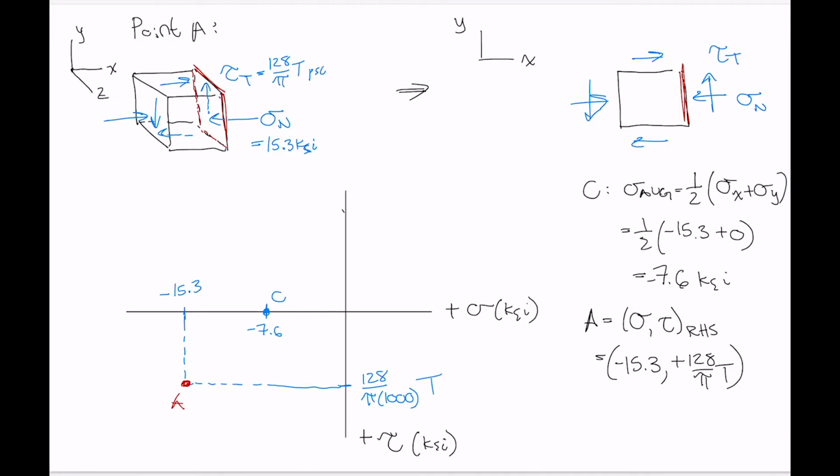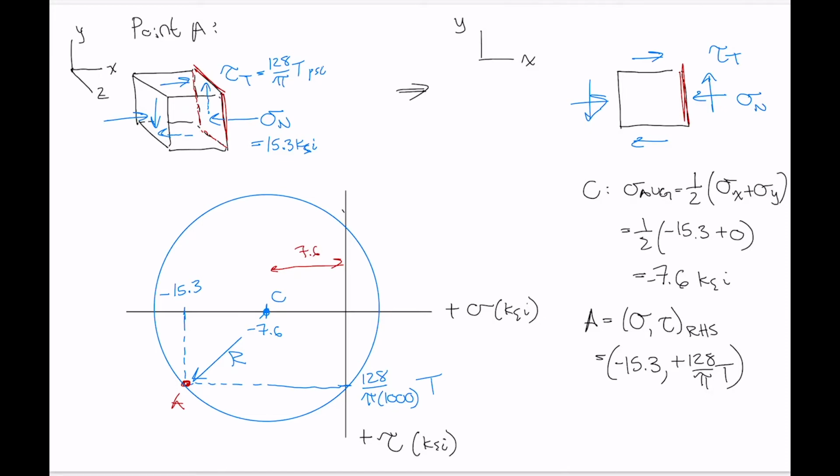Okay, so going through A, around C, like that. Perfect. All right, so now what you can see, the radius extends from C to A. There's our radius R. Now the distance between the origin and the center of the circle is 7.6, obviously.